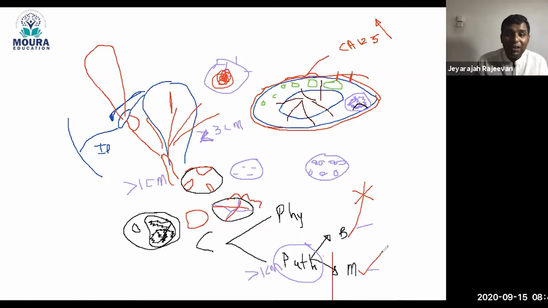So the CA125 is not a 100% sensitive method to diagnose the malignancy, but you can suspect. When the CA125 level is high, you can suspect it could be a malignancy.